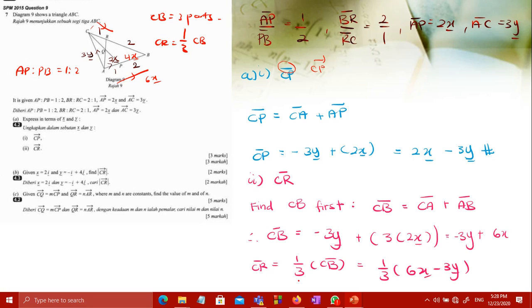That's why I multiply 1 over 3 with this whole thing, which is CB, and you get CR, which is only 1 part of it. And simplify. Actually you're supposed to get 2x minus y as your final answer. Agree?